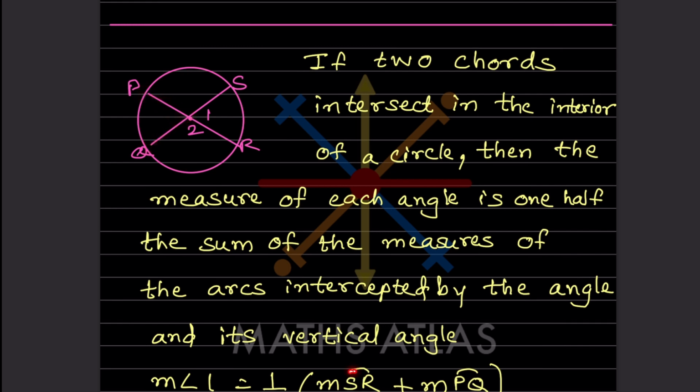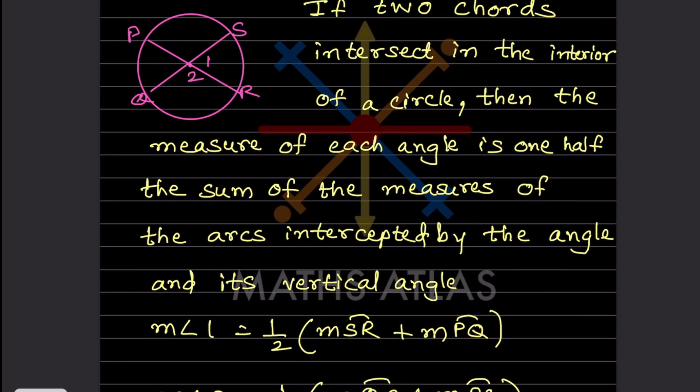Whenever you write it here, you put SR and you put an arc symbol like this. This is called the arc. So measure angle 1 is half of measure arc SR plus measure arc PQ.